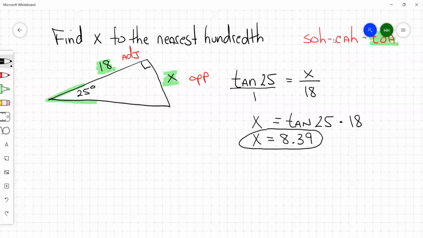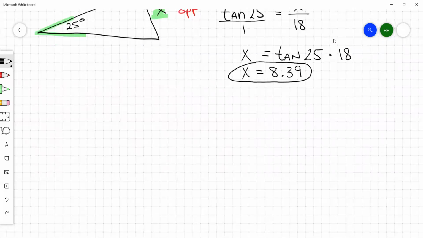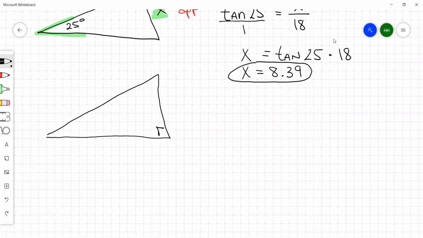Let's do another one. Let's take this triangle right here. Got another right triangle.